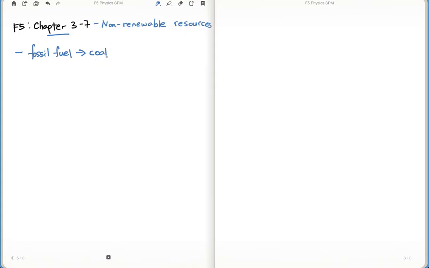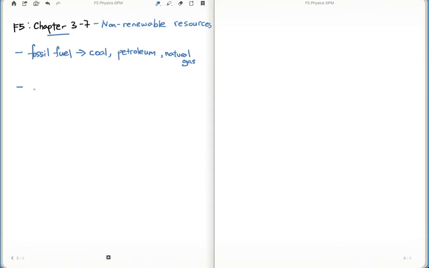We import coal from overseas, and then we burn it. I will talk about later how to get electricity from coal or fossil fuel. Or perhaps it could be petroleum, diesel. And of course, in some parts of the country we have natural gas. Actually, we have launched a natural gas electricity generator.